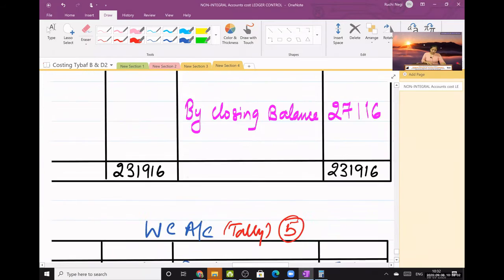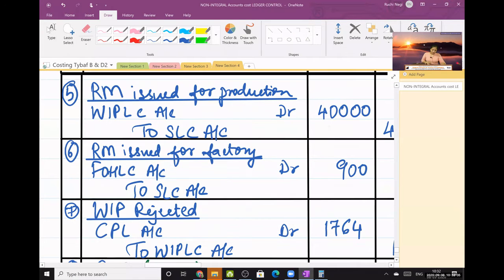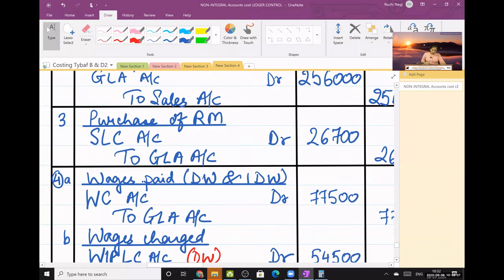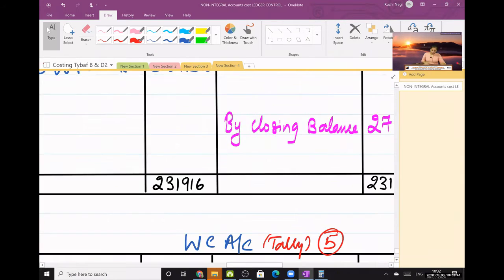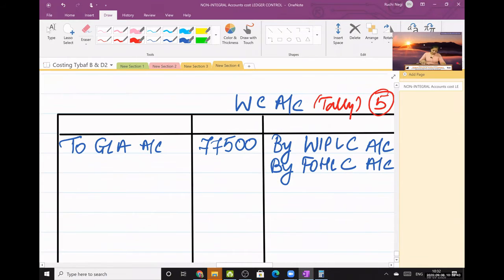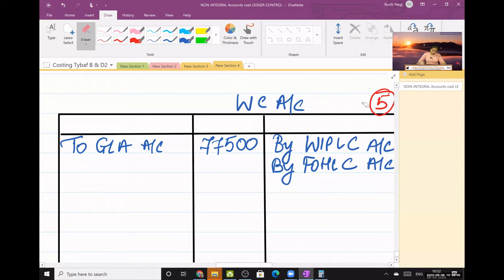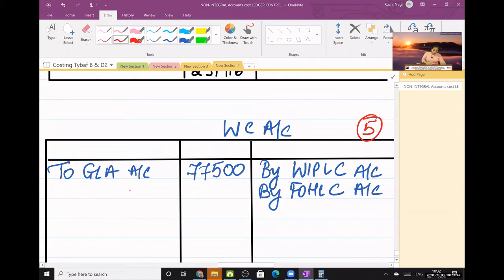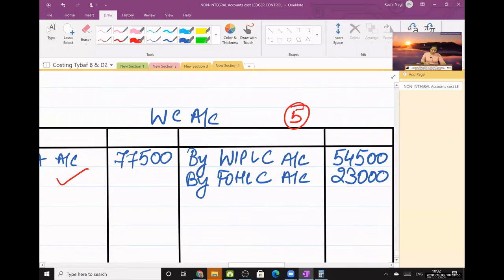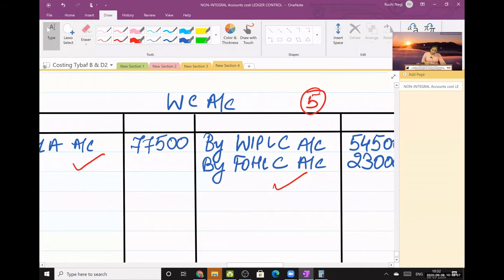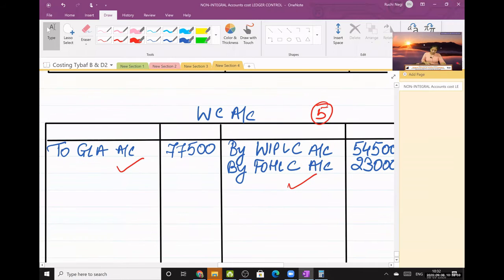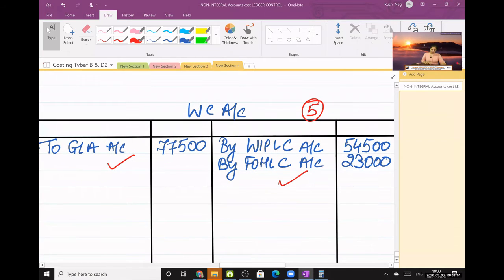Next is wages. Wages paid, charged, and absorption. So go to the wage control account. Wages paid, wage control to GLA, the pay entry, and then on the opposite side the charge entry, WIP and FOH.